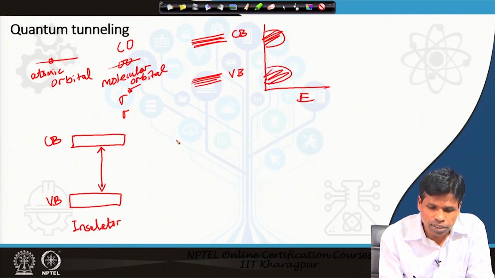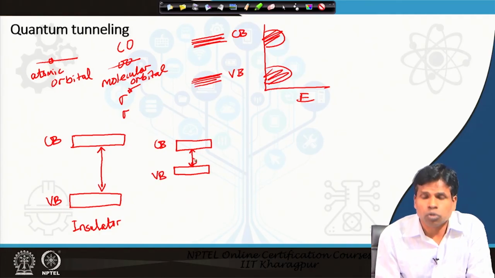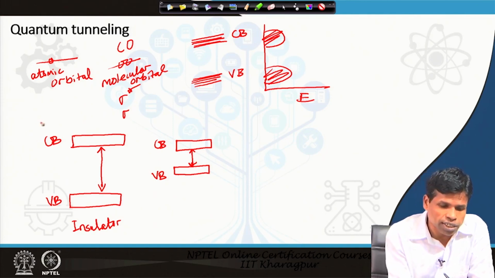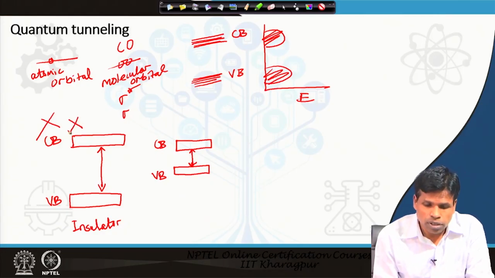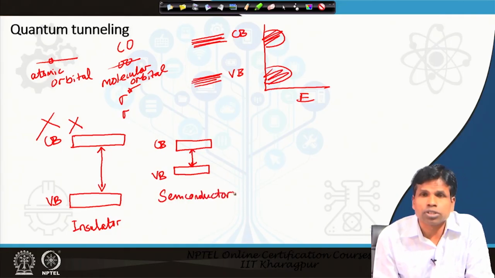Then we can have a semiconductor, where there is a small gap between the valence band and conduction band, which can be used for scanning tunneling microscopy study. It is to be noted that insulating samples cannot be studied by scanning tunneling microscope, but semiconducting samples, yes, we can use for STM measurements.